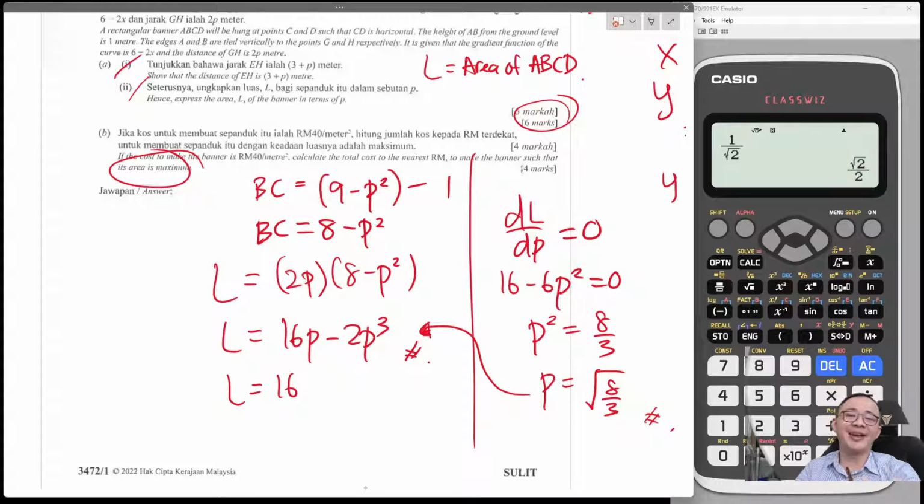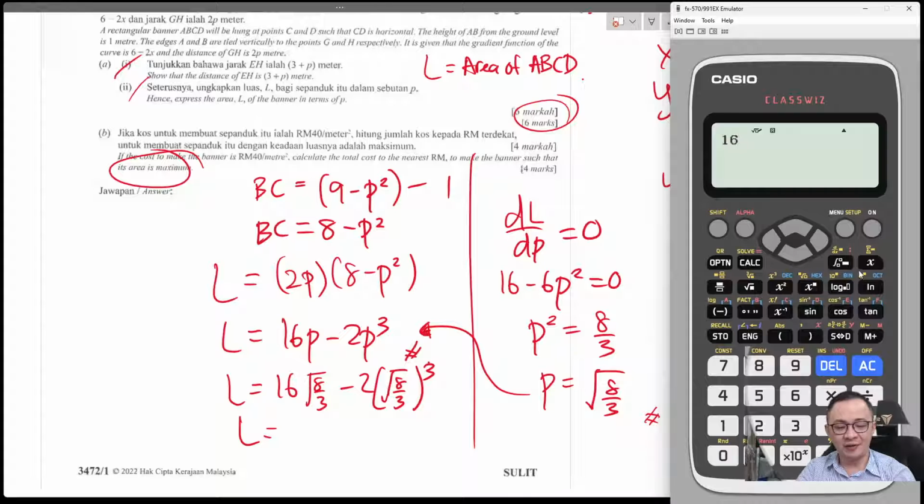So I want to know my area equals to how many meter square. Then times 40, then I can know the total cost. Okay? So this is square root 8 over 3 minus 2 square root 8 over 3 power of 3. Since it's quite hard to type, in my calculator I like to use the calculate button. You may wonder why I type the x over there.